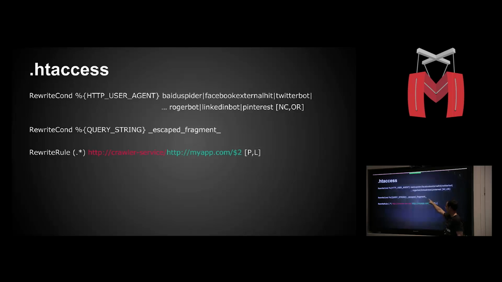And this is what Google sends up to the web server, this escape fragment key in the query string to advertise that, hey, I'm a crawler. And so if any of those conditions are true, then what you want to do is send your app over to this crawler service. And still, I know this is complicated, but it's going to get much simpler in a second.